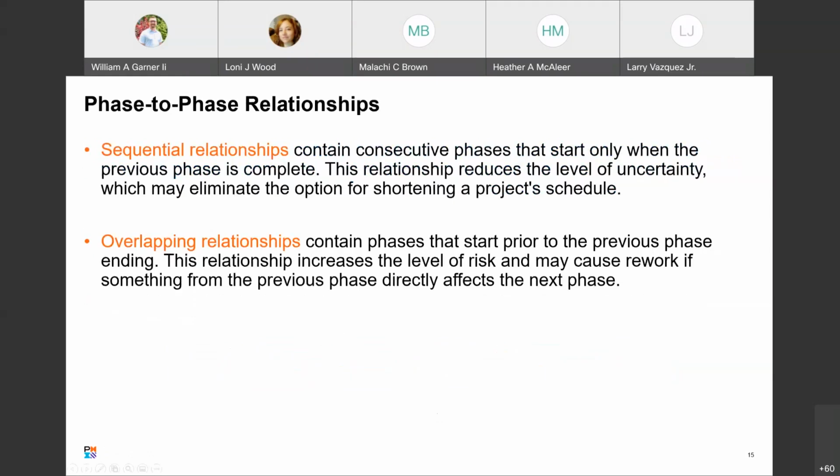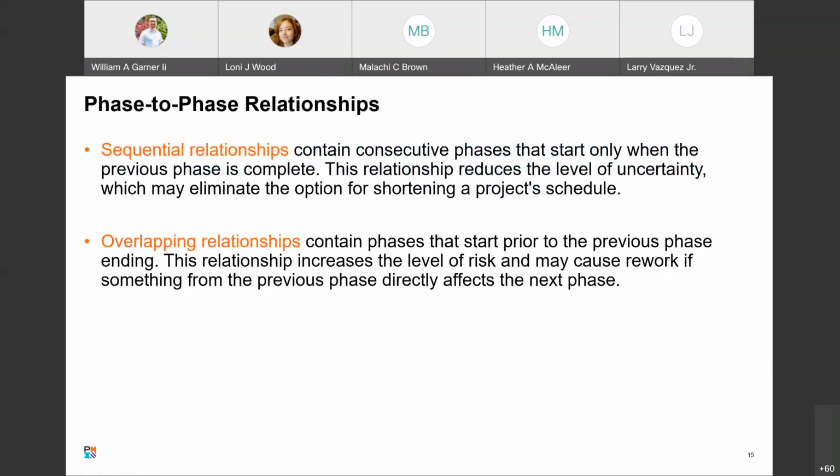Okay. So phase-to-phase relationships. This is one of those things where definitions can become somewhat obvious, right? So sequential relationships contain consecutive phases that start only when the previous phase is completed. Now, I started to think to myself, and Heather, maybe you can correct me if I'm wrong, this is really a finish-to-start relationship, right?